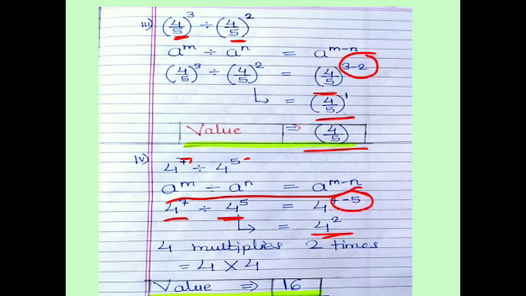Here again the number 4 is multiplied to itself how many times? Yes, twice. How are we going to write it in multiplication? 4 into 4. So 4 fours are 16. So the value is 16.